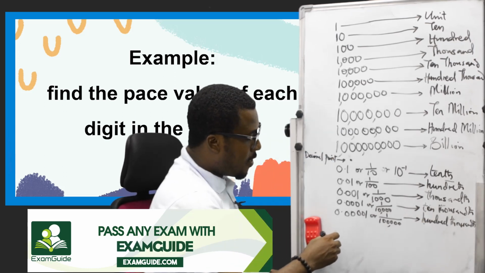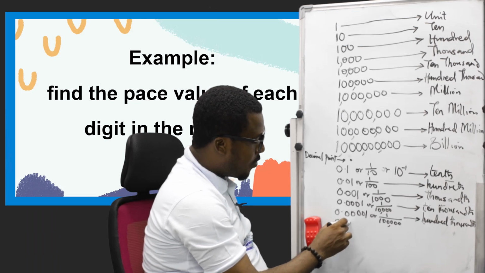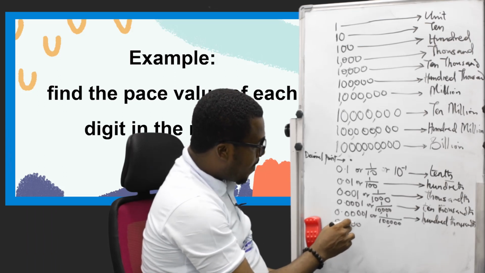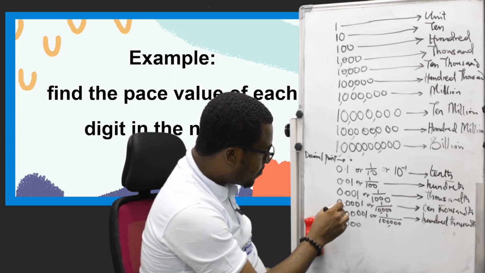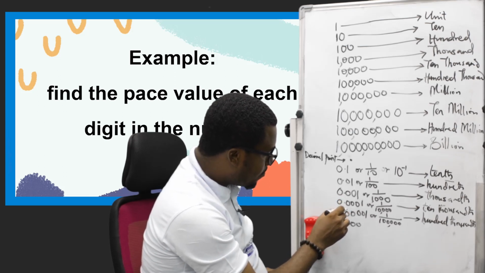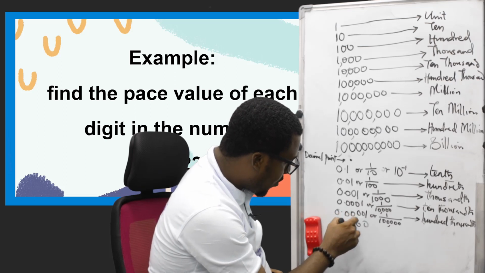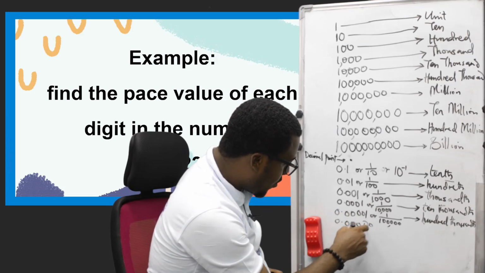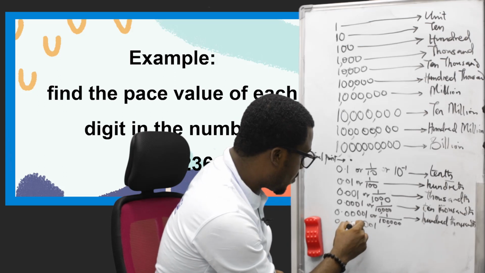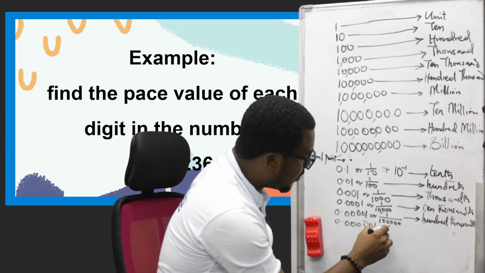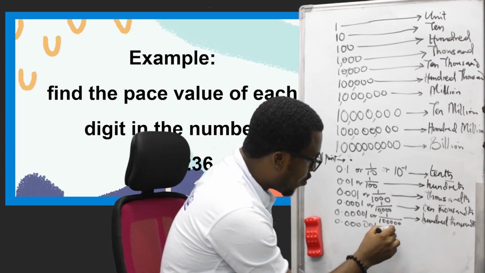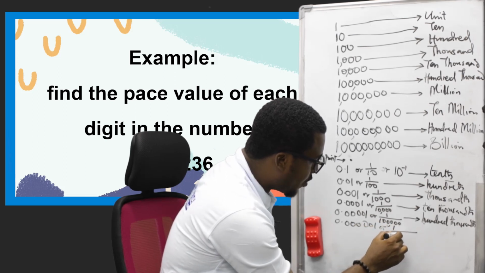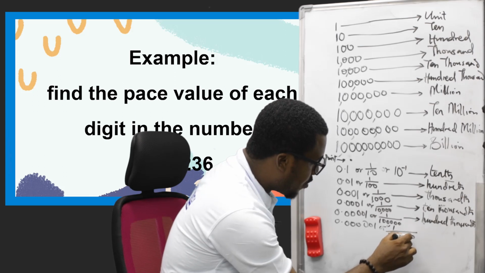And finally, 0.000001. Okay, it tells me this is 1 over 1,000,000.